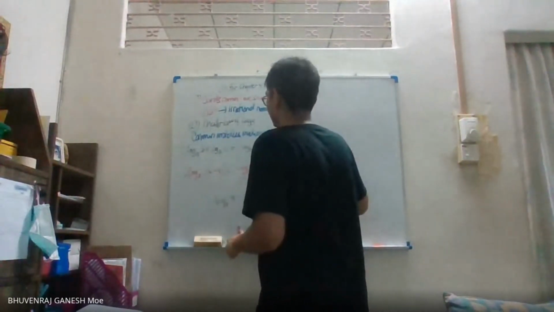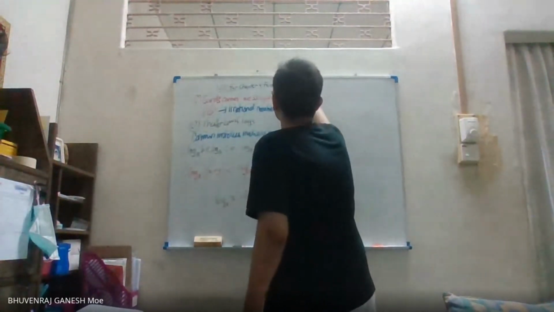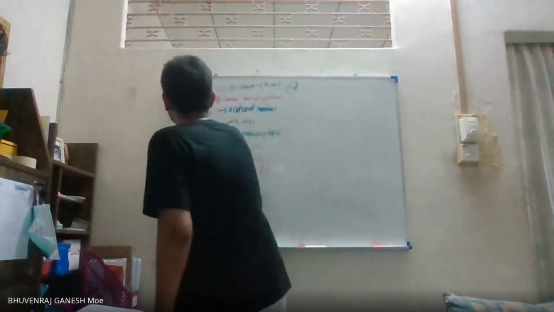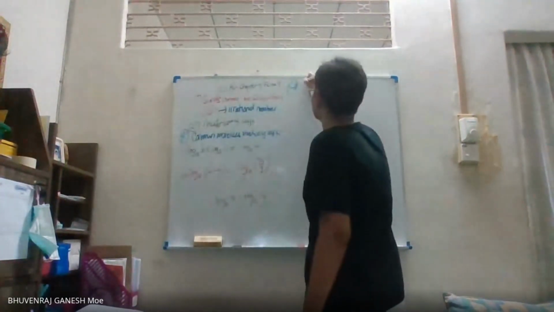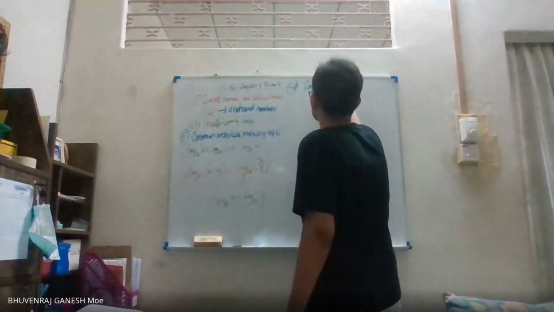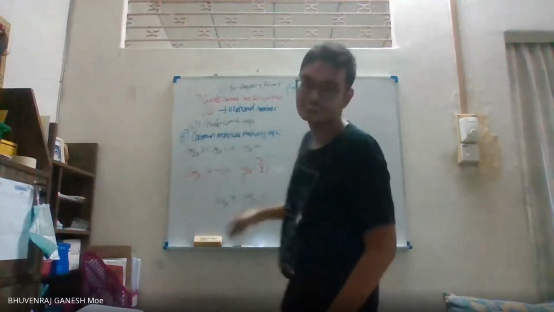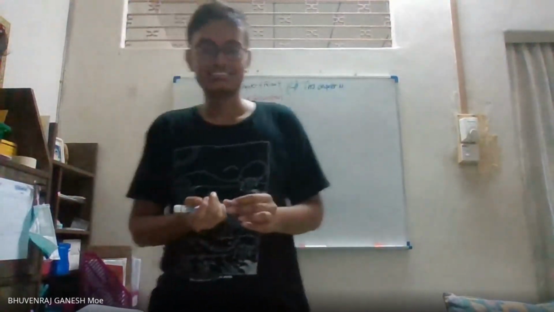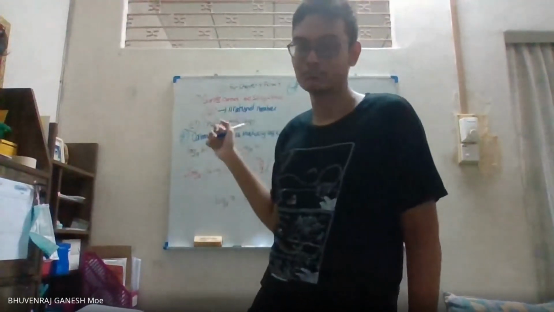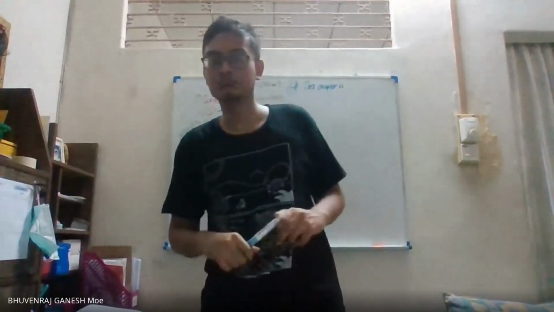Okay, so the fourth tip is, this chapter is greatly related to linear law. So I ask you a question: are you good in linear law? If you are good in linear law, you should be able to do this chapter, because they'll ask you to modify the equation in linear law.